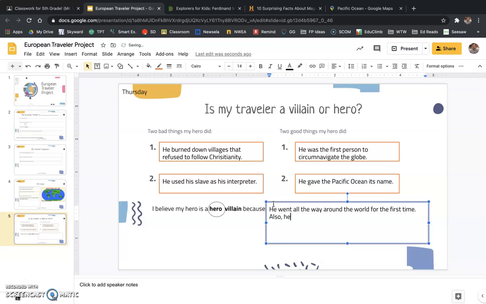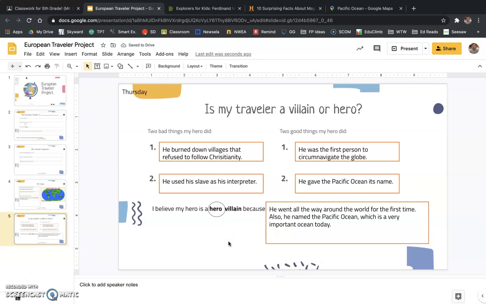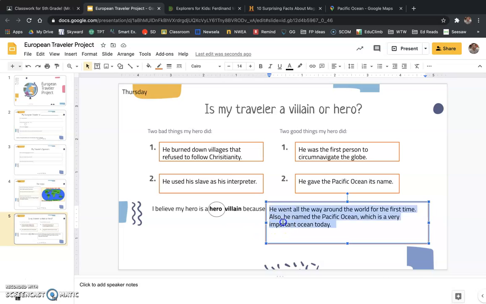Also, he named the Pacific Ocean, which is a very important ocean today. Okay, so we might think he's a hero because he went all the way around the world for the first time, right? He also named the Pacific Ocean, which is a very important ocean today. Okay, I'm going to delete this here. That's an idea for why he might be a hero.